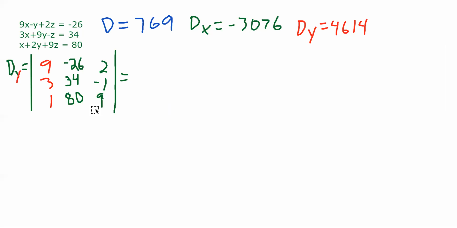Now, to get dz, that's going to be our last matrix we're going to have to find. We're going to take this third column and replace it with this.